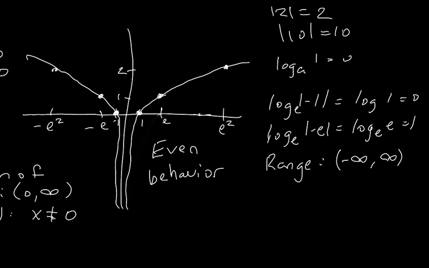And recall that you can never have 0 in the natural log, or any log rather. So our asymptote is the line x equals 0.